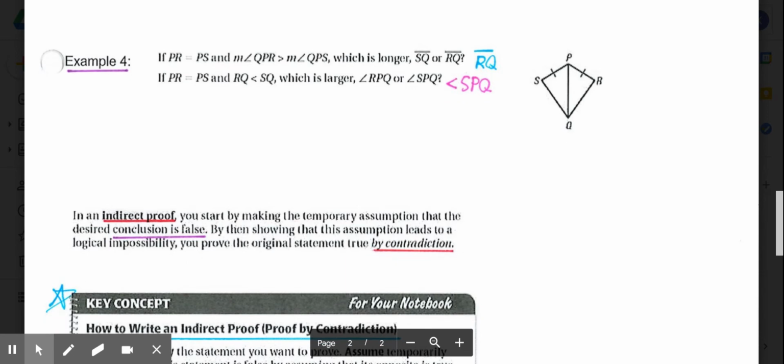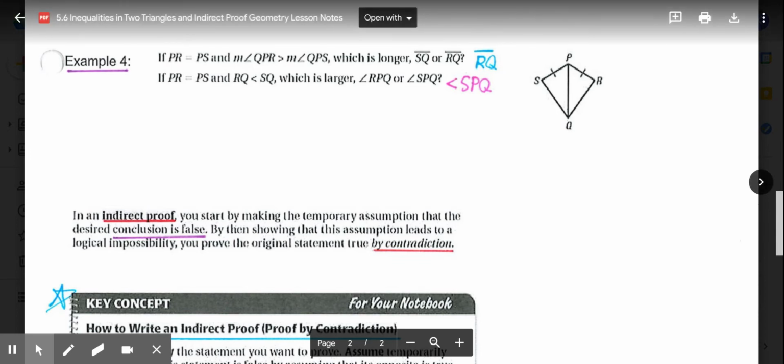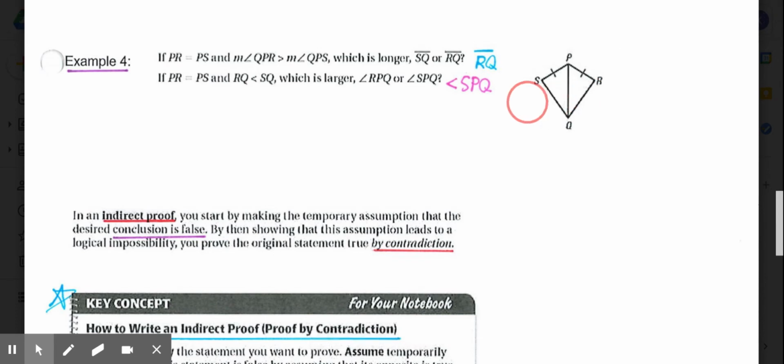Example 4 says if PR is equal to PS and the measure of angle QPR is greater than the measure of angle QPS, which is longer, side SQ or RQ? In this case, it depends which angle opposite those sides is larger.